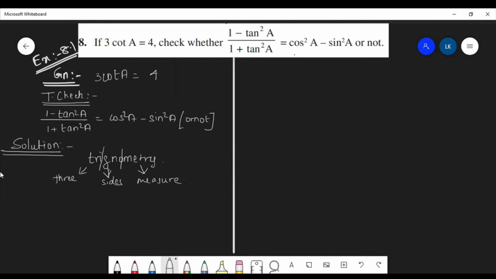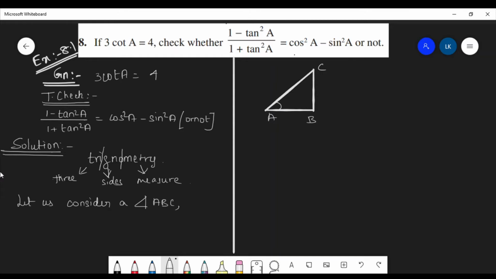So for every problem we have to consider a triangle. Here in this problem we are going to consider a right angled triangle ABC.